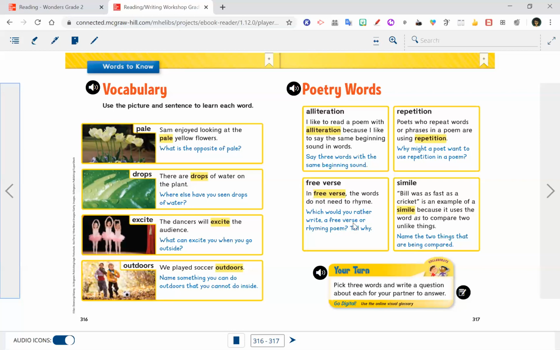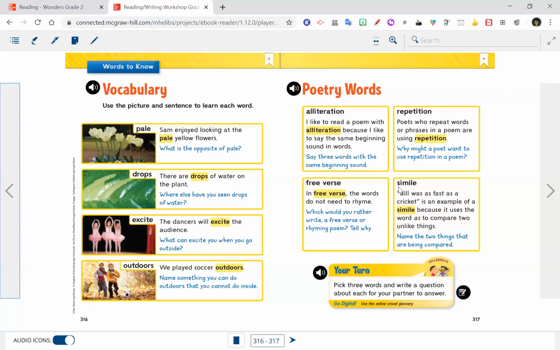Would you rather write a free verse or a rhyming poem? And tell why. You can write this down on a piece of paper. You can type this underneath this video, or you can share it with your teacher in a comment. I think I would prefer, actually that's hard to choose. I like both types of poems, free verse and rhyming. So maybe you'll have to help me out with that one.